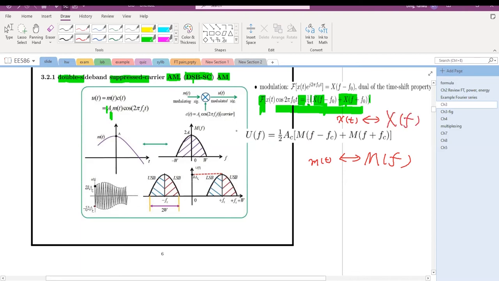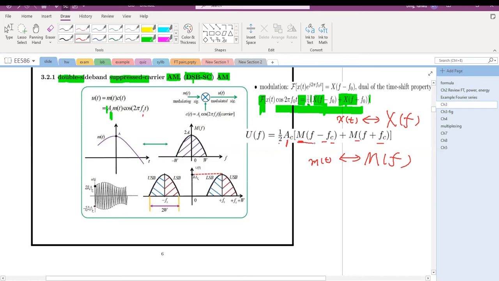Therefore, U(f) is the message spectrum, the Fourier transform of the message, moved up to f_c, and moved to minus f_c. You take half because there's A_c magnitude in the carrier signal. A_c is taken out here.